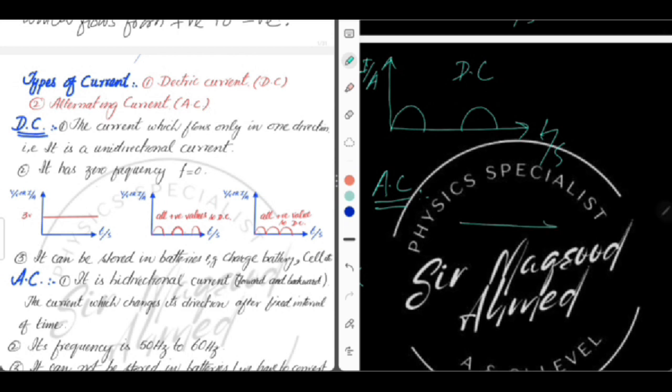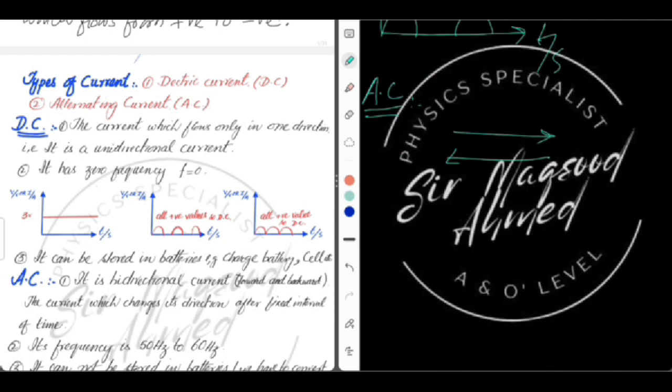It flows in the forward direction, then backward. As it has two directions, it is also known as bidirectional current. Bi means two. It has two directions, forward and oppositely backward.